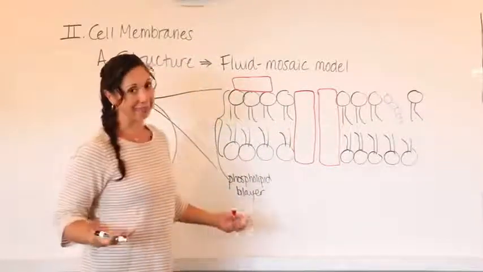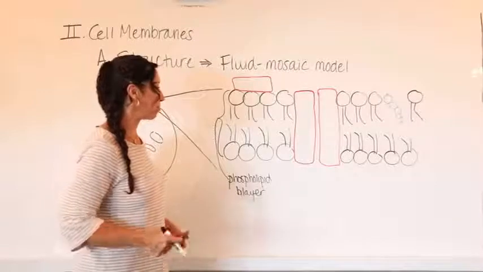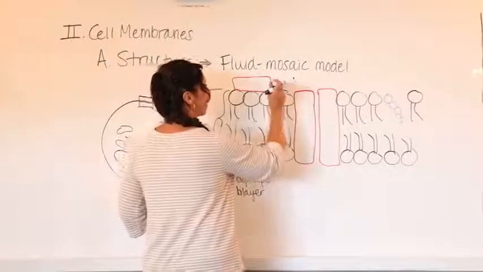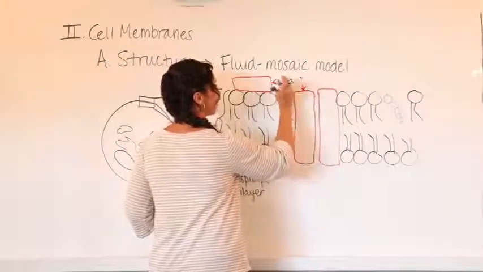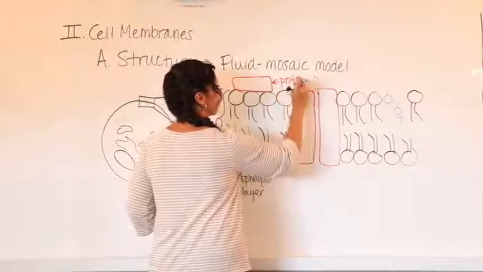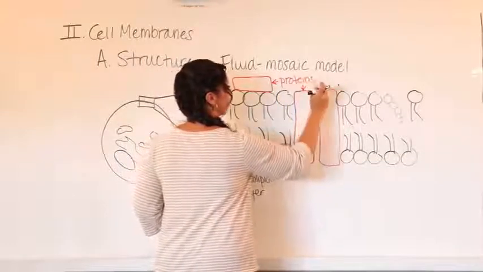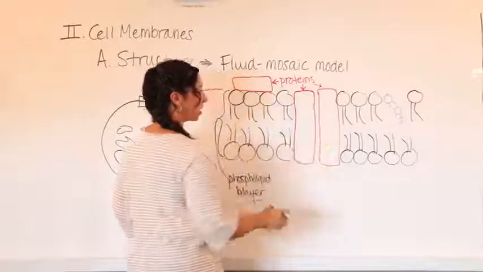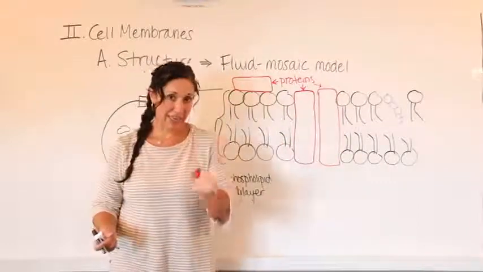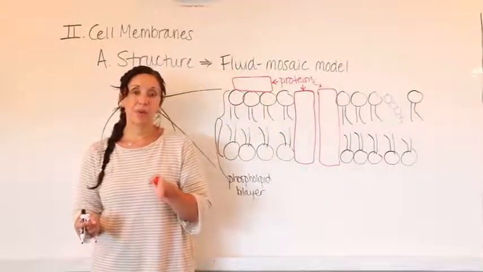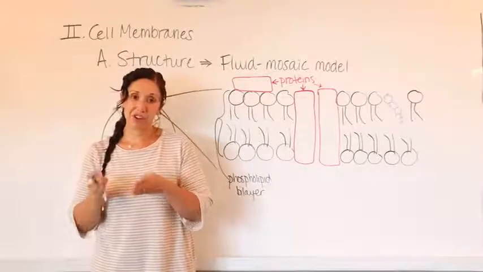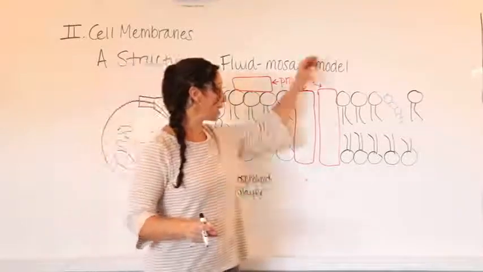These red boxes that I made, this is how we draw proteins in biology. These guys are proteins. And this protein right here, I'm just cutting it in half for you, is a special kind of protein called a channel protein. It allows things to go in and out.